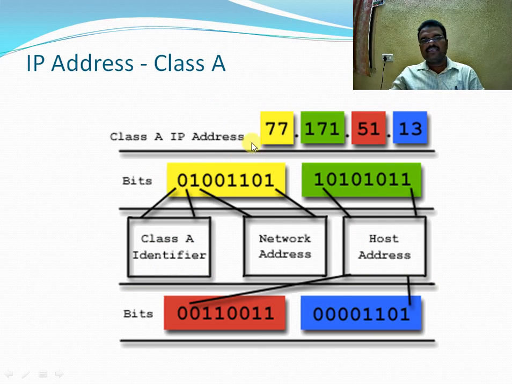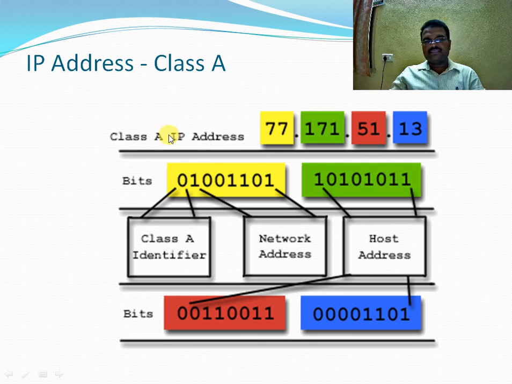Here we can also see a class A IP address, 77.171.51.13. If we represent this in the binary number system, the bit 0 indicates the class A identifier, the remaining 7 bits identify the network address, and the remaining bits are used to identify the host address.